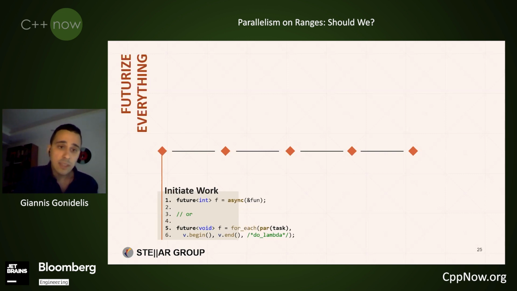The important thing is that you would allocate your result to a future variable. So as you can see, I now keep an F, which will just tell me when my work is done.